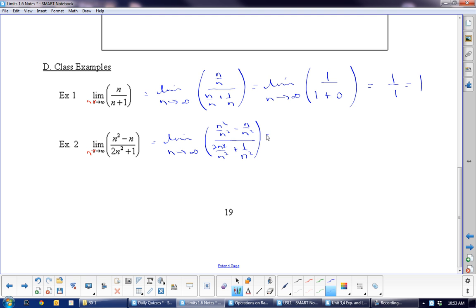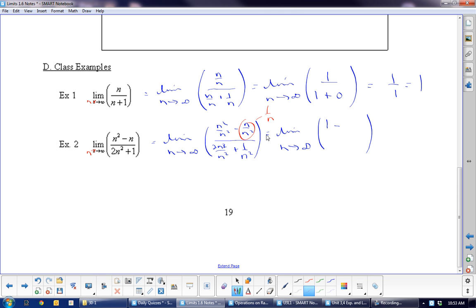Okay, so the limit as n goes to infinity, n squared over n squared minus, now this can reduce to 1 over n.